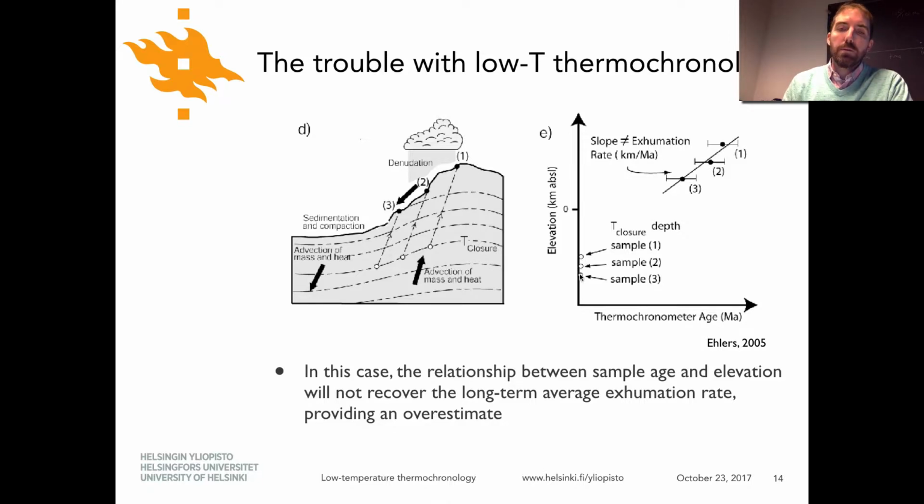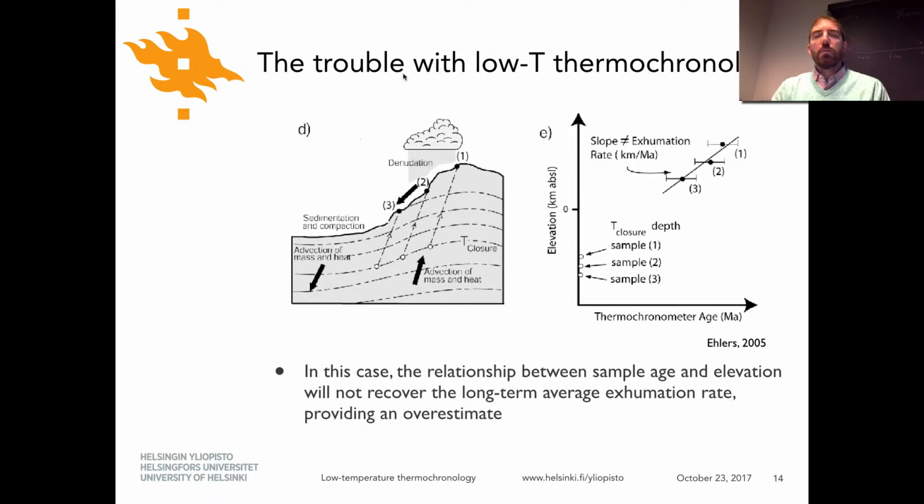Because they pass through this closure temperature at different depths, the slope of this line does not give you the exhumation rate. So in order to be able to take advantage of this with low temperature thermochronology, you really have to take samples that are as close to vertical as possible in how they're sampled, or recognize that you can't do this simple slope regression thing without getting some kind of exhumation rate that's going to be overestimated or higher than it should be.